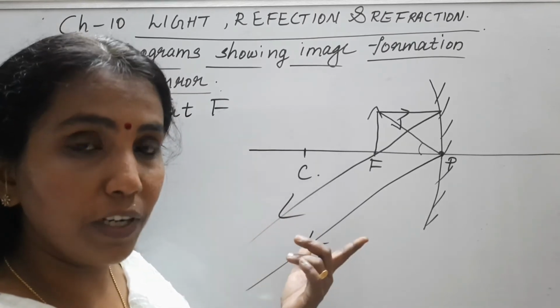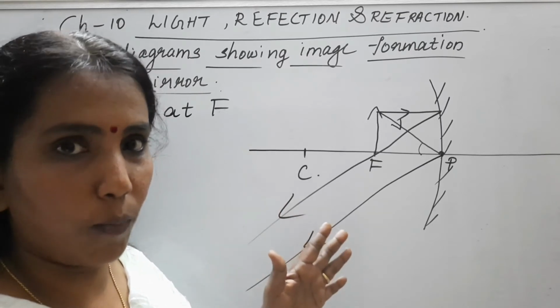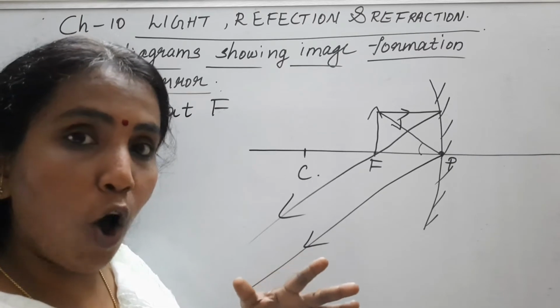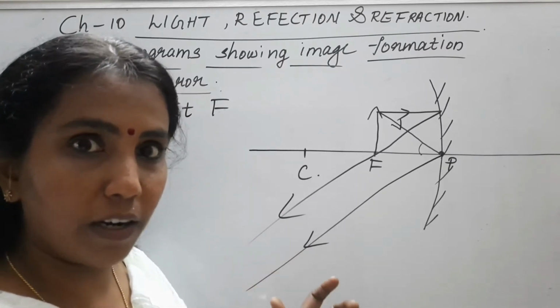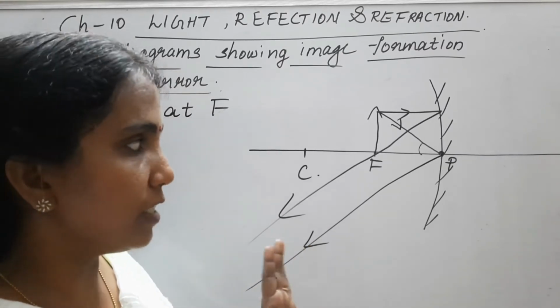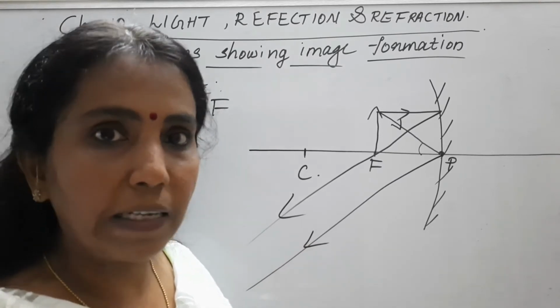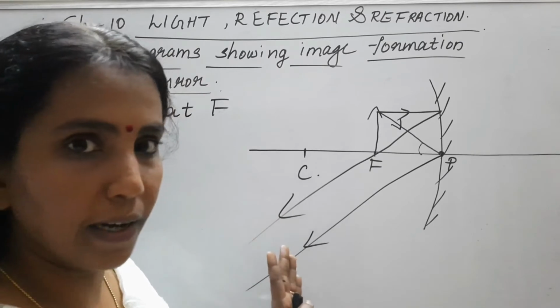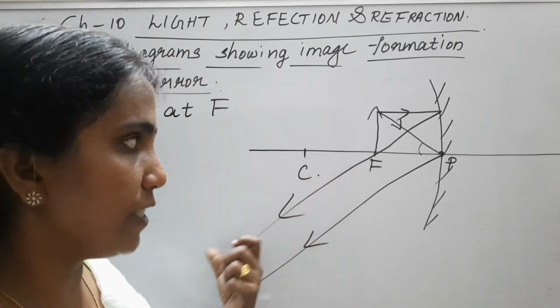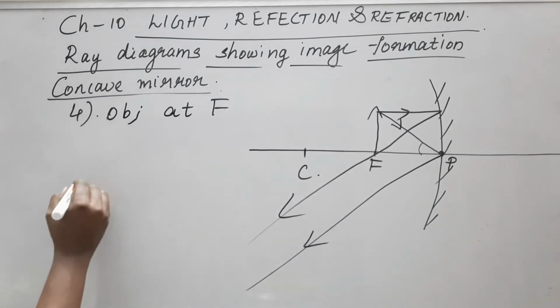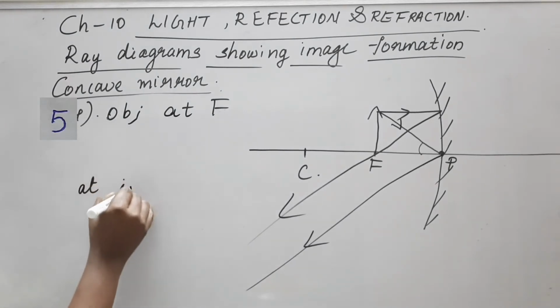So at that infinity, the image will be formed, and the image formed will be highly enlarged, real and inverted. You can obtain it on the screen, though we are not showing it here. The reflected rays we have shown parallel, which means the image will be formed at infinity.